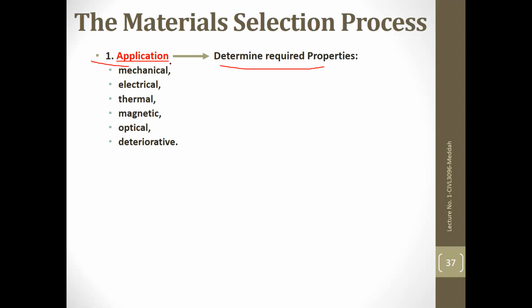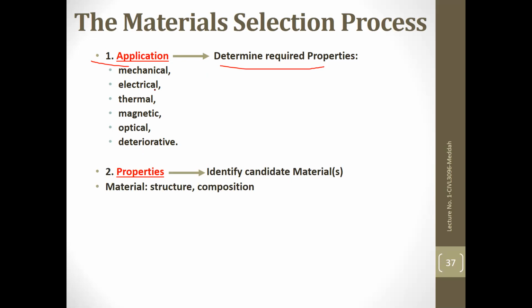So application is very strongly related to the properties of the material. First, we have to determine for which application this material will be used. And then the properties will be determined based on the application, of course.